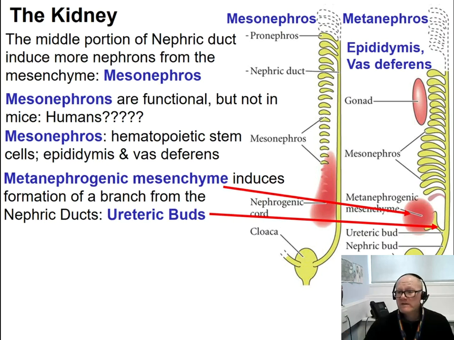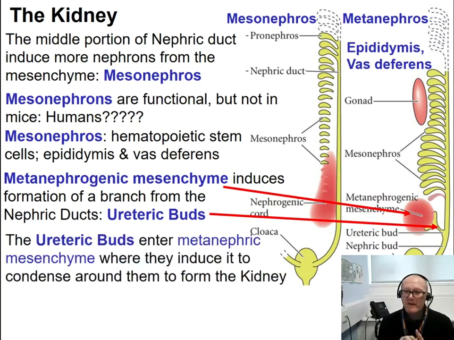The Wolffian duct is mostly epithelial cells, while the metanephrogenic mesenchyme is obviously mesenchyme. So it is this interaction between these two tissues that induces the formation of the adult kidney.